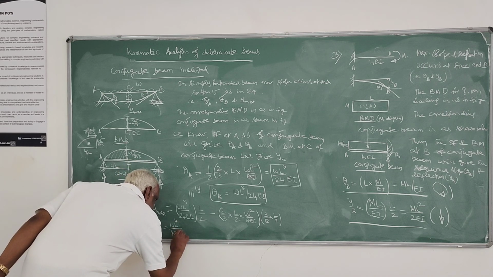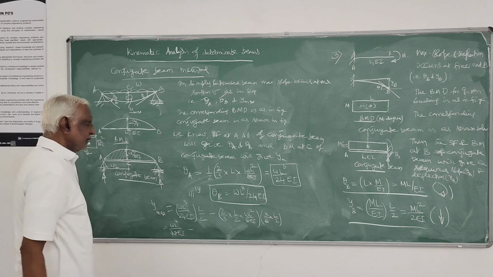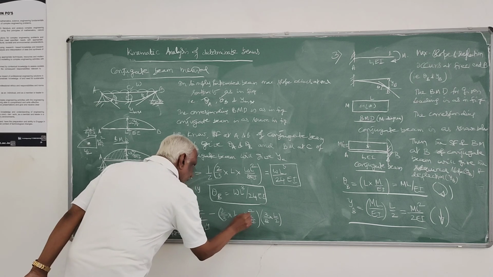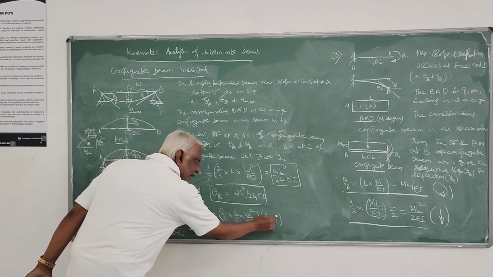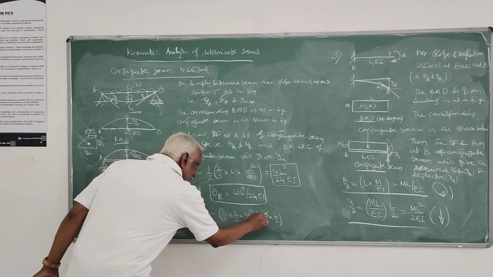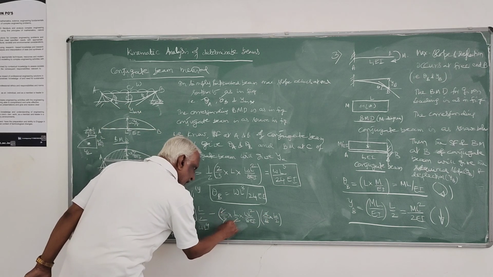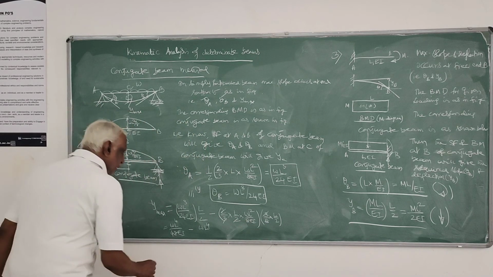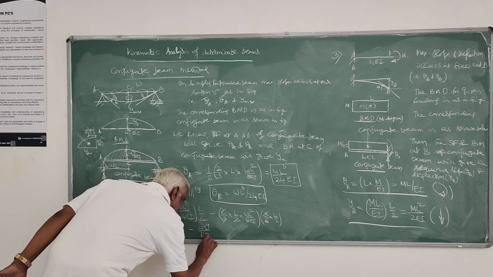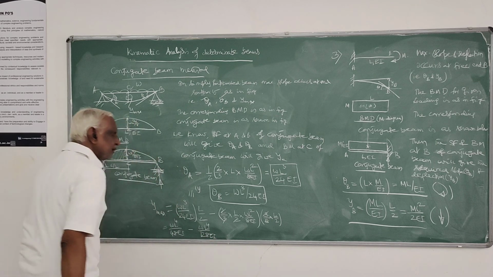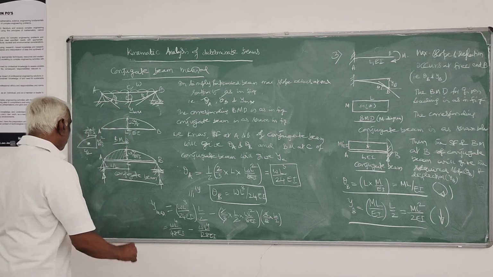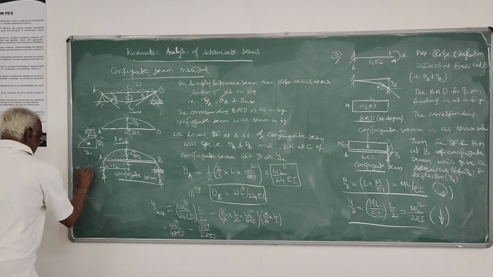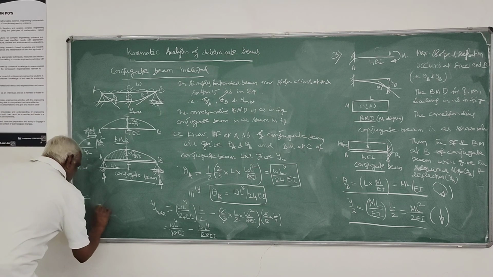So that is nothing but WL to the 4 by 48 EI minus WL to the 4 by 128 EI; the 3 gets cancelled, 2 gets cancelled. You have 8 into 8, 64, into 2, 128. Now you take the LCM of 48 and 128. What is that? 384. Yes, sir.